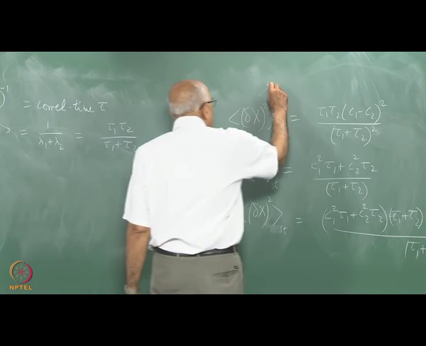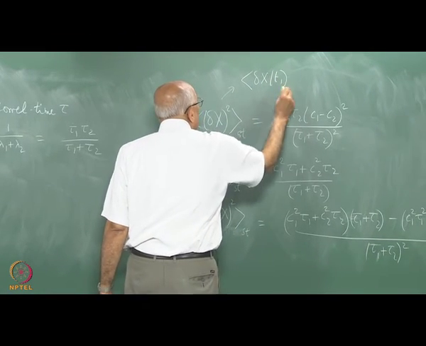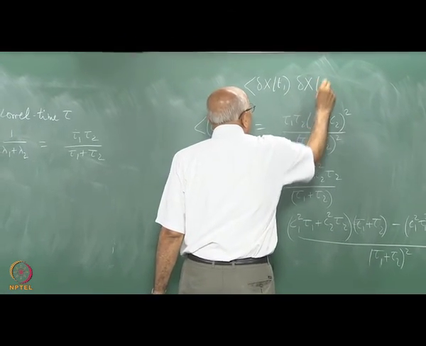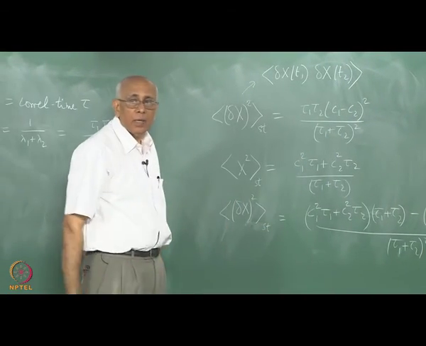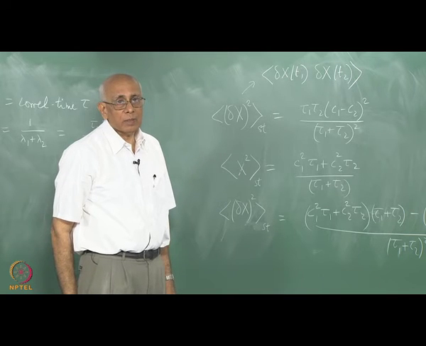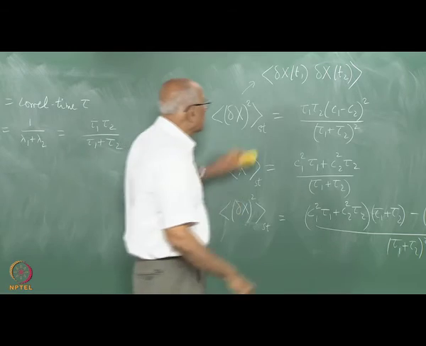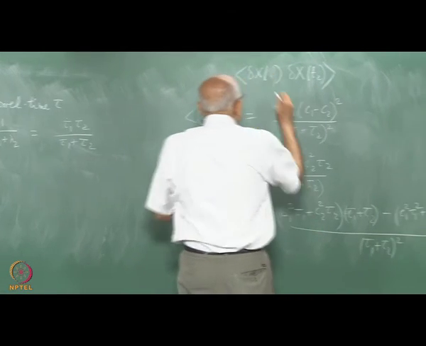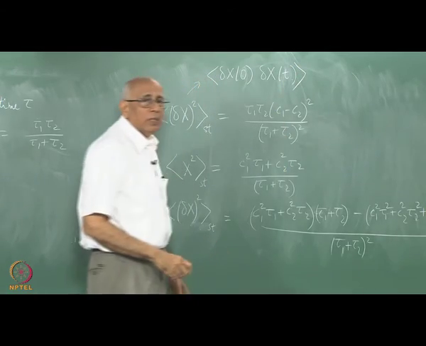We need to generalize this to ask, is delta x at any instant t1, delta x at any instant t2, what is that equal to? That generalizes the variance, but this is a stationary process. So this thing must be a function of t2 minus t1. So I might as well look at delta x at time 0 and then call this just t. What would this be?